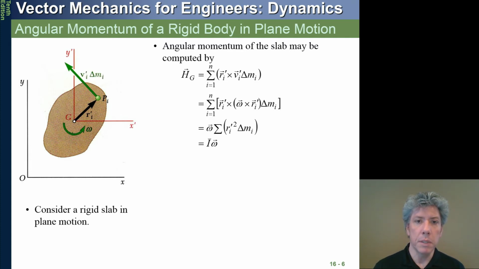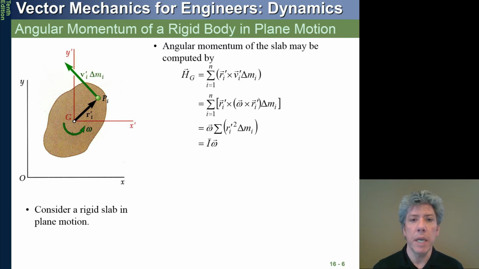If we take the cross product of the position vector from the center of gravity to that point with the linear momentum of that point, and we do that for all the points in the body and add them all up, we will get the total angular momentum of the body.